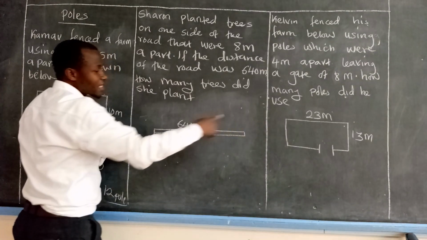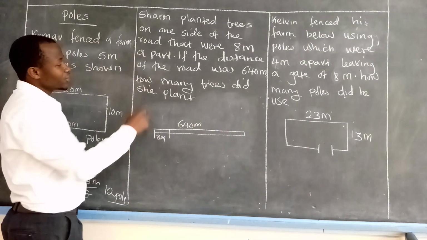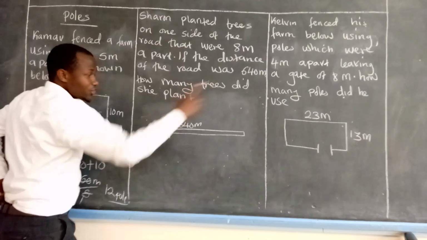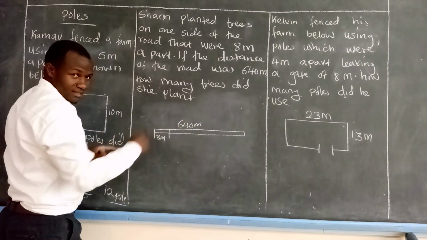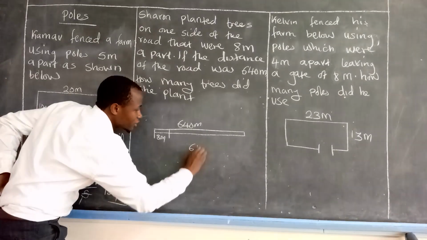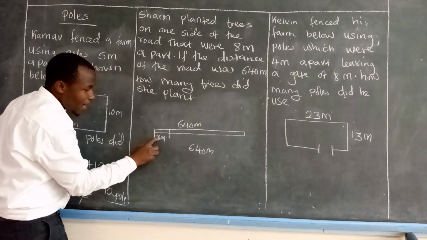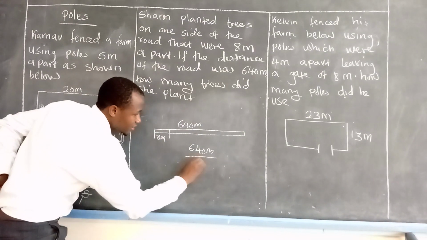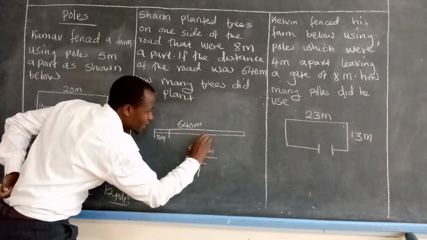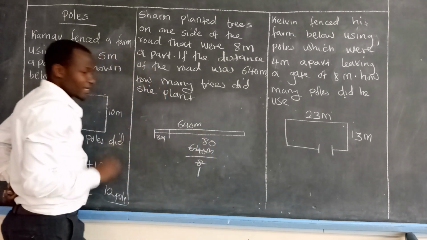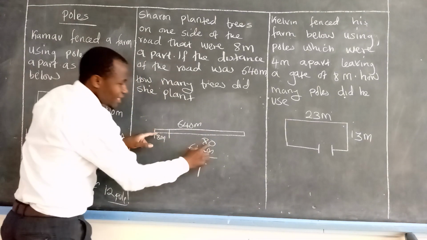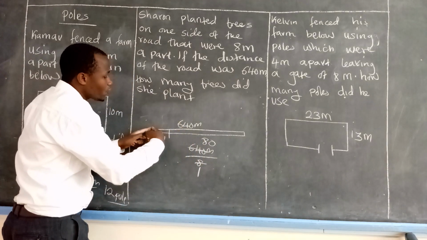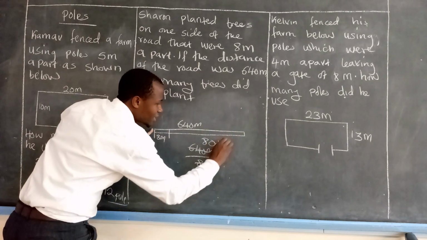Now, how many trees did she plant? You take the distance, 640 meters, and divide by the interval, the distance from one tree to the other, which is 8. That gives 80. But this 80 is just the number of gaps between trees. So to find the total number of trees, make sure you add 1.